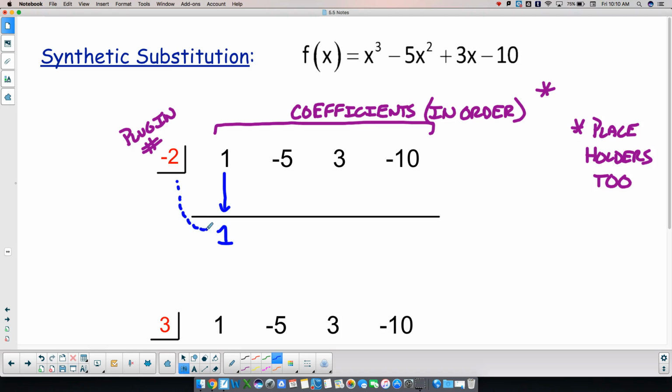Then I multiply those two and I put it right there. Then I add those two numbers. Multiply those two.